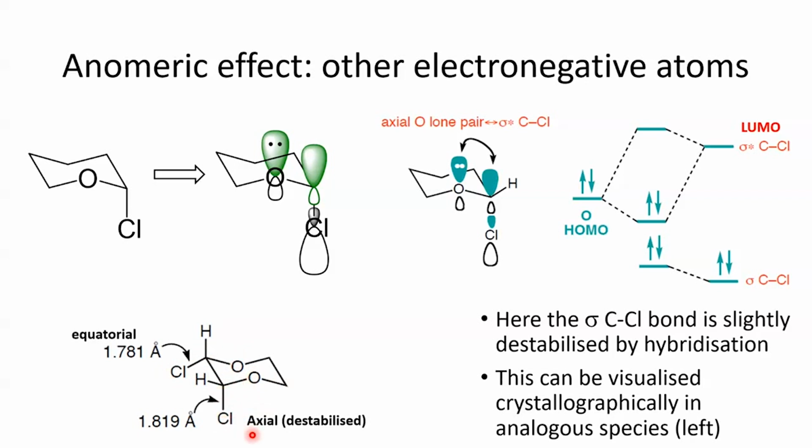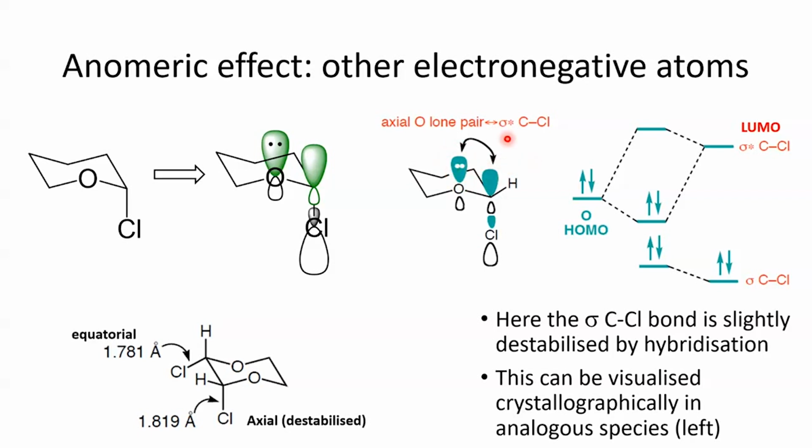And if we look at those two chlorine to carbon bonds experimentally using something like X-ray crystallography, we can measure out the length of this bond. And indeed, the axial chlorine bond is longer, meaning that that bond is being destabilized, and that is occurring due to the anti-bonding orbital receiving stabilization from the adjacent lone pair from the oxygen.